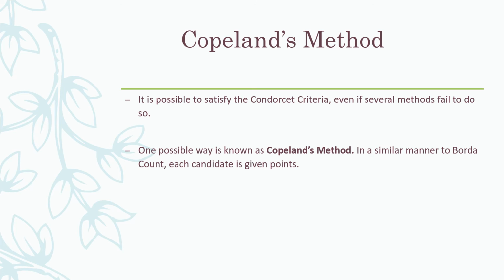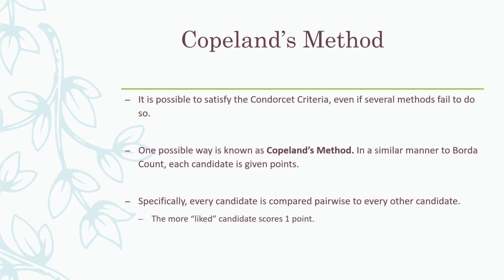It's known as Copeland's Method, and it's kind of similar to the Borda count in that we give everybody points. Specifically, just like the Condorcet test, we're going to have to compare every candidate to every other candidate. Then we say for every pair, the more liked candidate gets 1 point, and if they tie, both candidates get half a point.